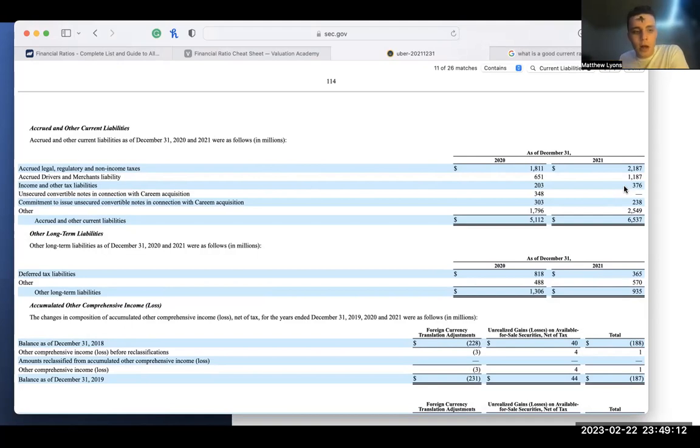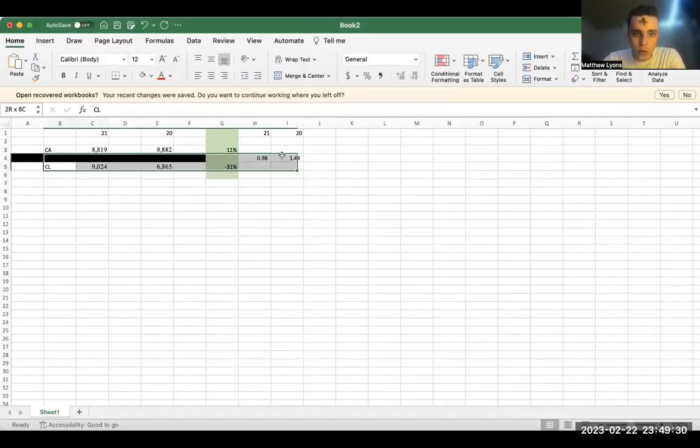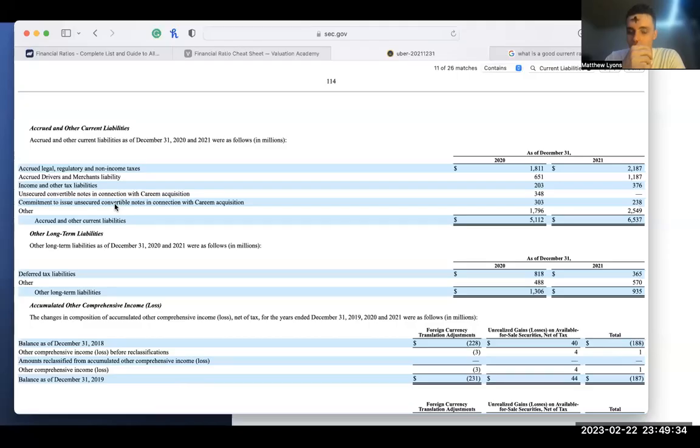It's easy to get lost in these financial statements, but you find stuff that you weren't looking for. I was explicitly looking for accounts payable, and it actually brought me to a better answer than what I was looking for. So this talks about their current liabilities, which, if we're referring to our quick ratio, this is really where we want to be.